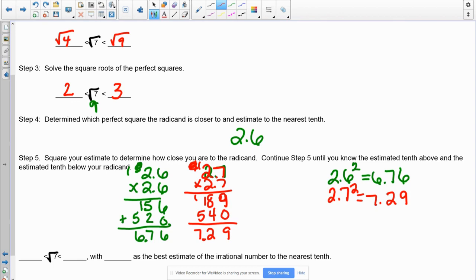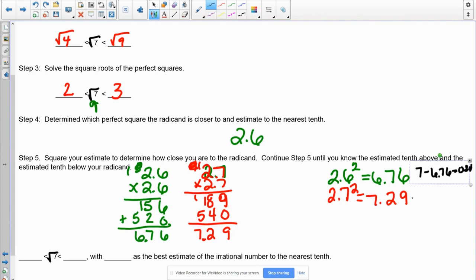So good news, I have my low end, I have my high end. I don't need to test anything anymore because I know it has to fall between. Now I just have to decide which one of these two is closer to 7. So I like to do my subtraction, or my difference. So 7 minus 6 and 76 hundredths is 24 hundredths away.